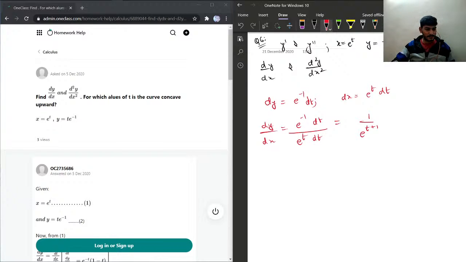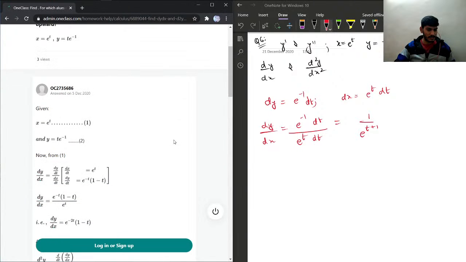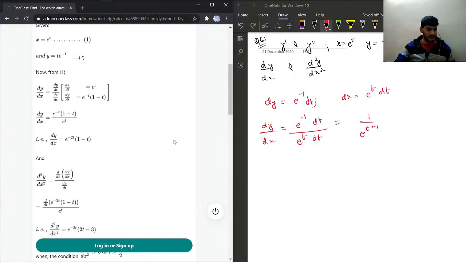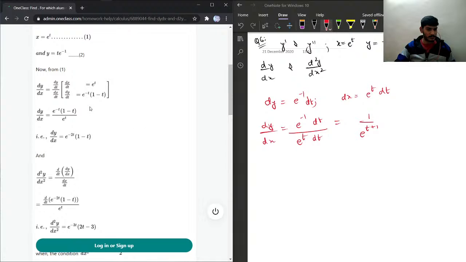So let's see what the junior tutor has given for this one. For this one they have taken dy by dt as e power t, and this one they have taken dx by dt, this is e power minus t, and this is in multiplication.